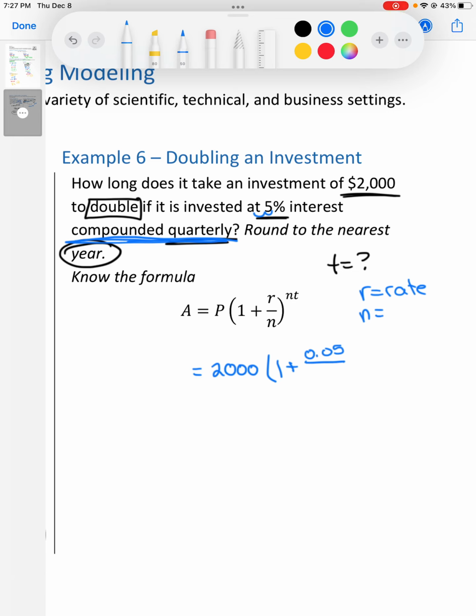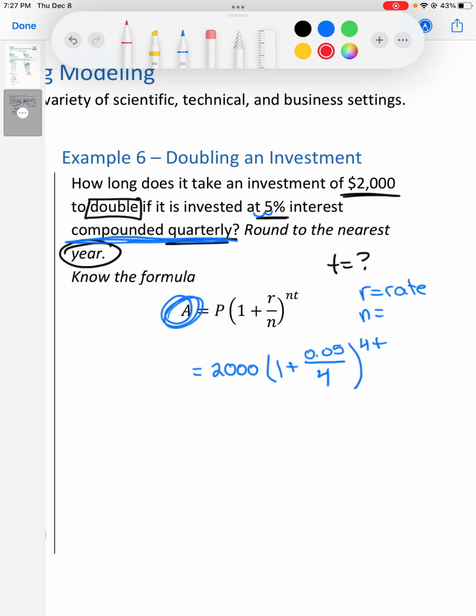Quarters are 4s, so it's compounded 4 times. That's what our n is. So in our exponent, we're going to have 4t. Now remember, t is what we're trying to find.